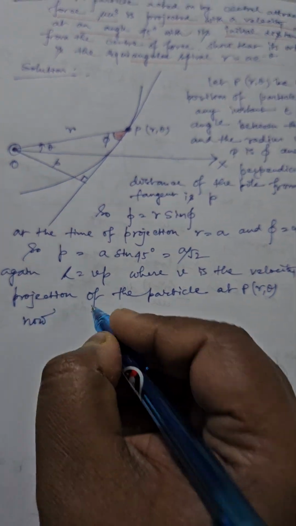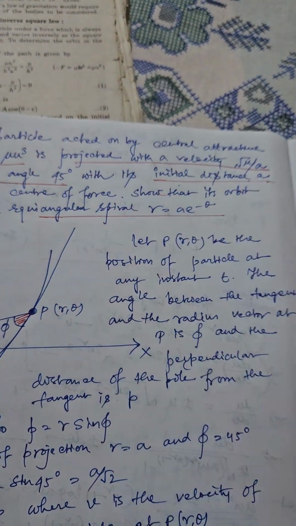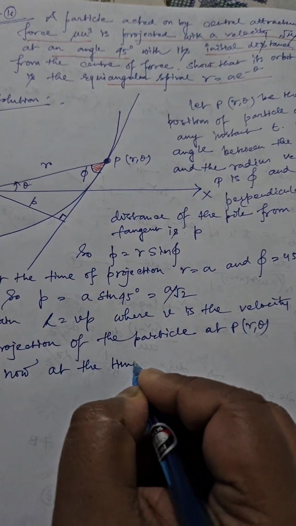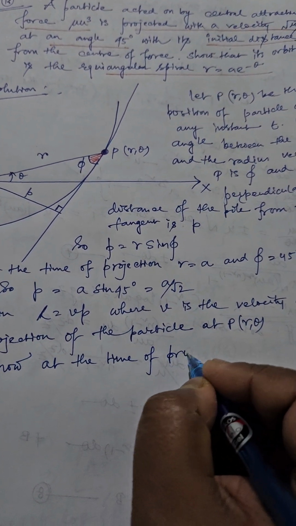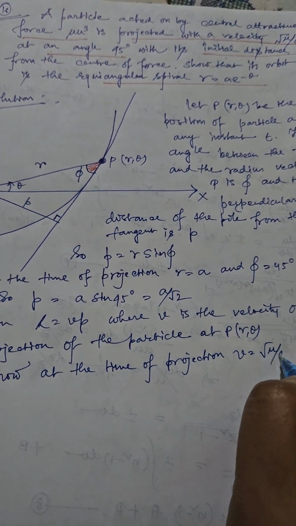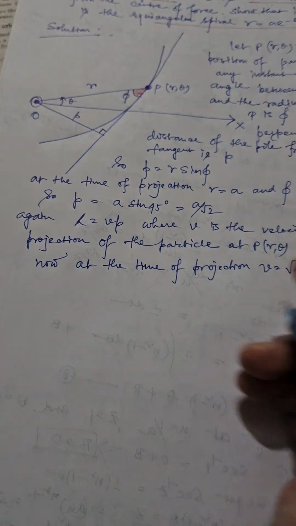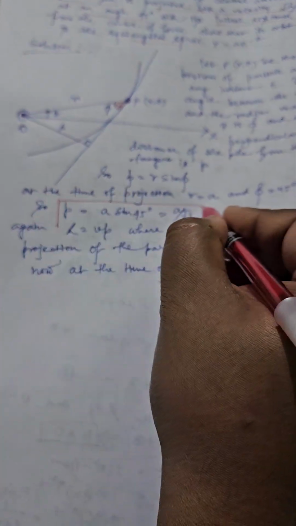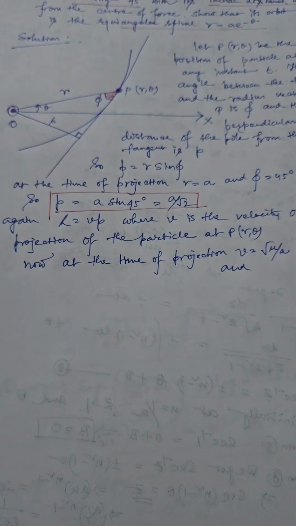Now at the time of projection it is given v is equals to root mu by a, and P, already we have obtained this one, P is equals to a by root 2.